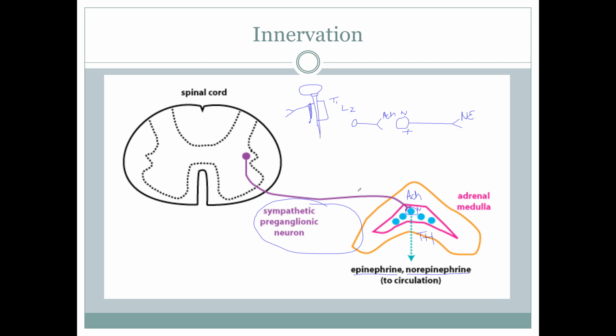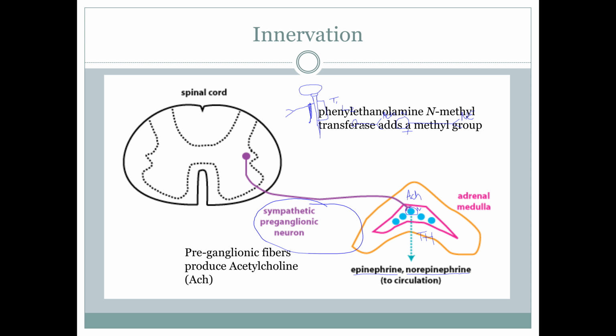So we have our preganglionic, and obviously one cell is not a neuron, so we call it a modified postganglionic neuron. All right, so acetylcholine, nicotinic receptors. We have this pathway activated. We get methylation, and then we get the production of the catecholamines.